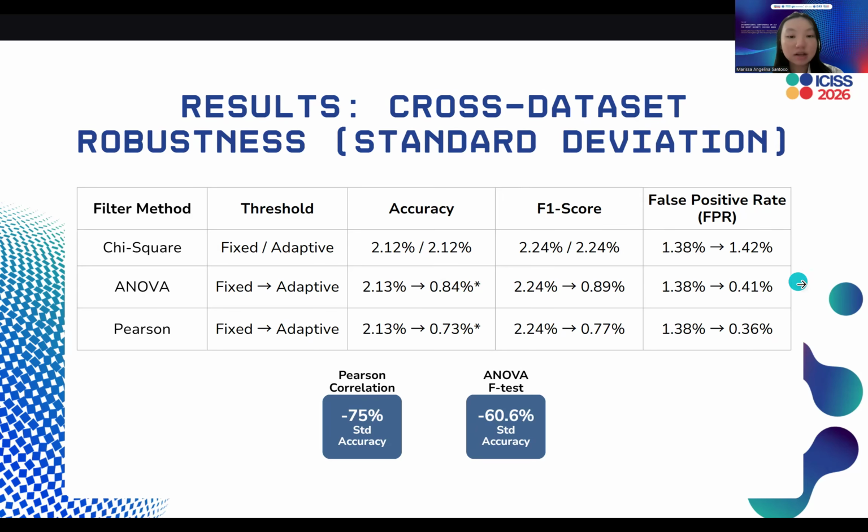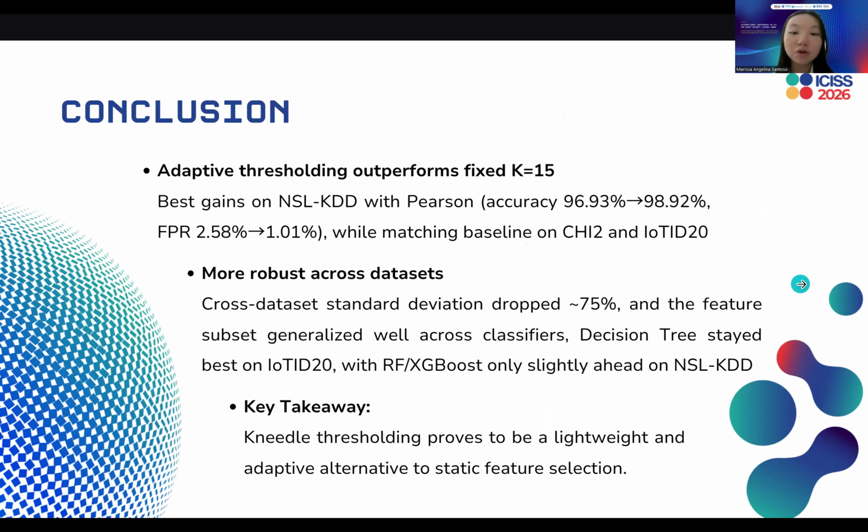To bring this together, adaptive thresholding outperforms a fixed K of 15 baseline. Our best gains were on NSL-KDD with Pearson, where accuracy improved from 96.93 to 98.92, and false positive rate dropped from 2.58 to 1.1, while matching the baseline on chi-square and on IoT-ID20.